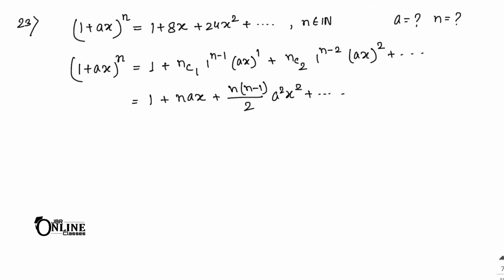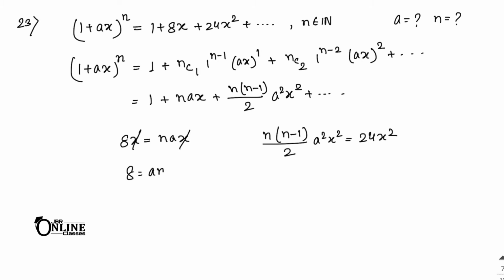Now if you compare this with the given expansion, you can easily write 8x equals nax, and the next one, n into (n minus 1) by 2 a square x square, equals 24x square. So here x cancels out, which means 8 equals an.